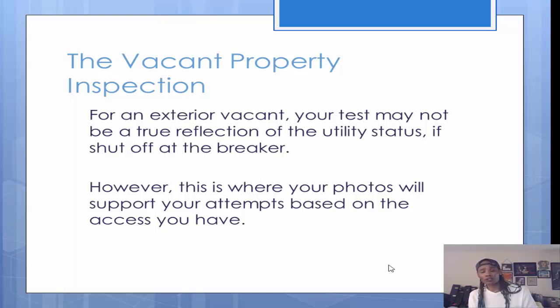The more photos you provide, the more proof you are showing that, hey, I couldn't do this, this is not on, this is off. Don't go cheap on this. You have to provide enough photographic evidence to prove your findings.